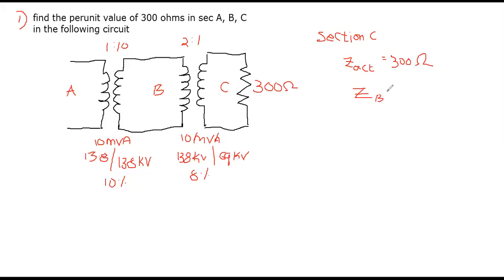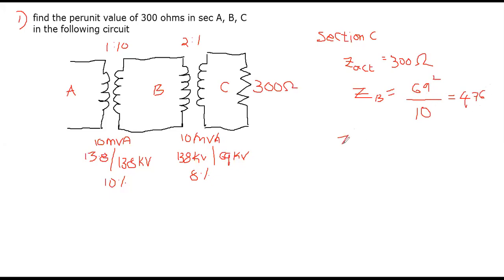Just similar to the earlier problem, Z base can be obtained by kV square divided by MVA base. So what is the voltage? Approximately 69, that is what he has given. Z base is equal to kV base square divided by MVA base. So 69 square divided by the MVA base, which is 10 MVA. Divided by 10, what will you get? You will get approximately 476.